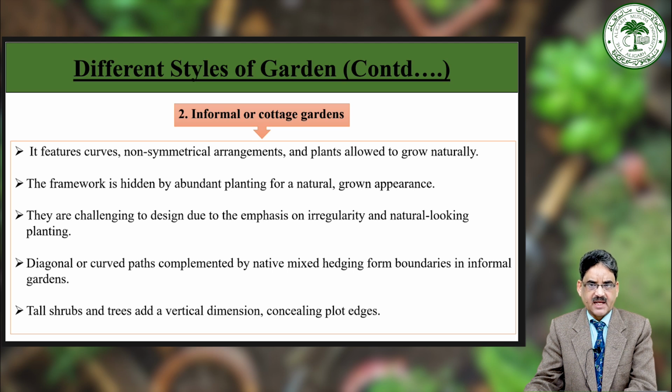Designing them is a challenge due to the focus on irregularity and natural looking planting. Informal gardens often feature diagonal or curved paths with native mixed hedging as boundaries, while tall shrubs and trees add a vertical dimension, concealing the edges of the plot.